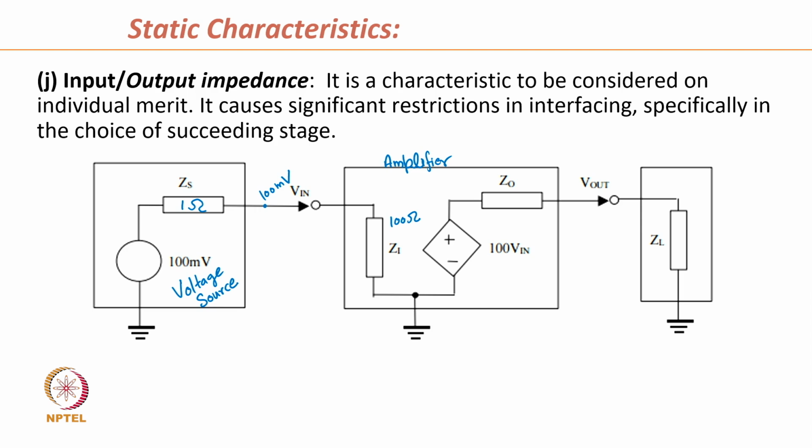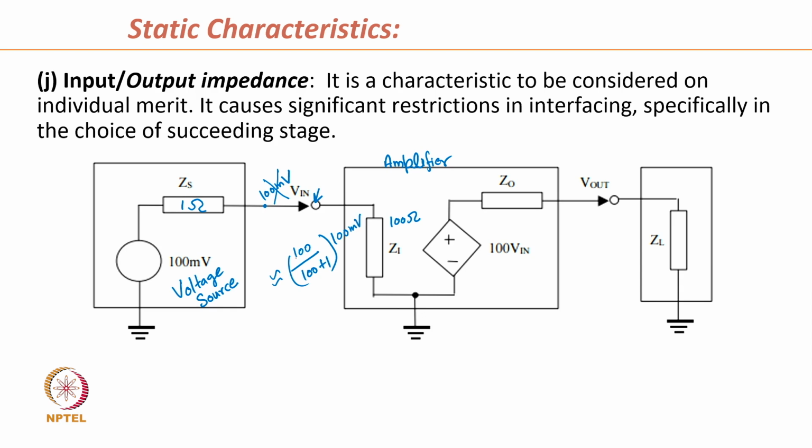But as soon as we connect this voltage source to an amplifier which is 100 ohm in input impedance, the voltage at the input will not be 100 millivolt. This will be distributed between this Zs and Zin. The net voltage will now be approximately 100 divided by 100 plus 1, into 100 millivolt.